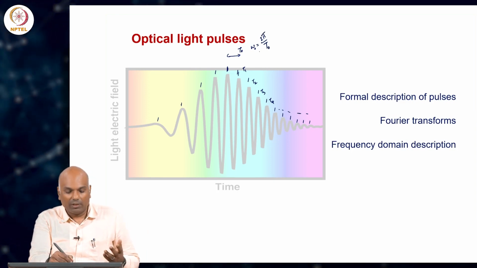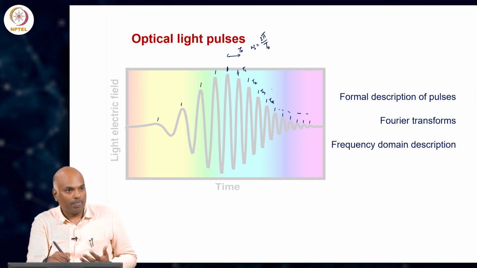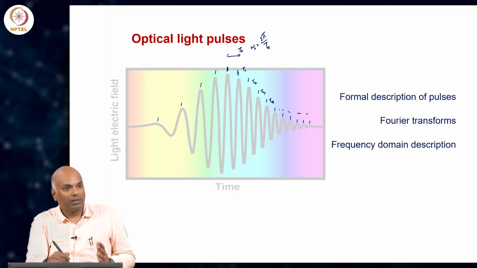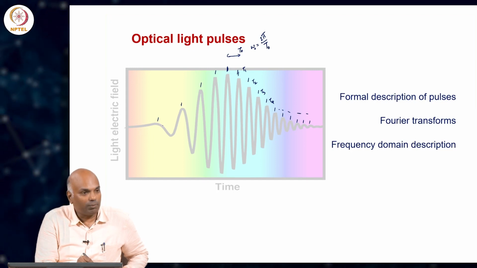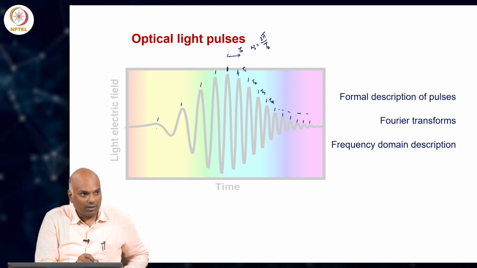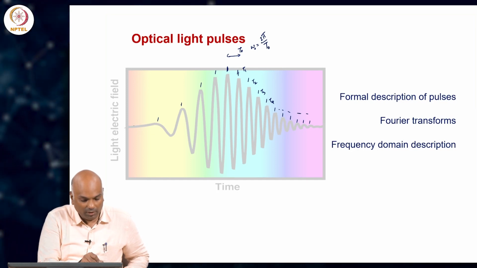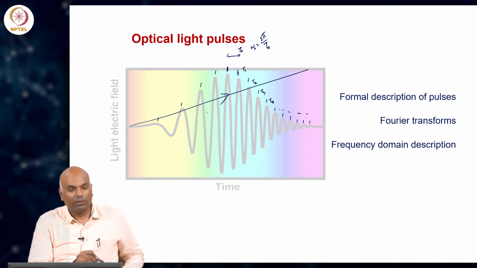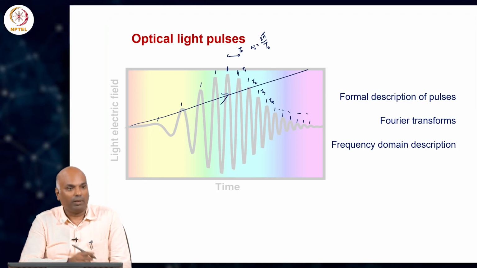I could have defined omega naught as 2 pi divided by t1 or t2, it has very little consequence. The fact is that in the case of this pulse, the carrier frequency is not constant, but it has an upward slope in time, the carrier frequency.